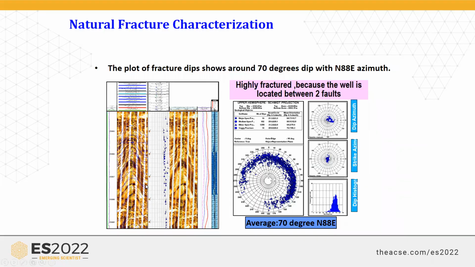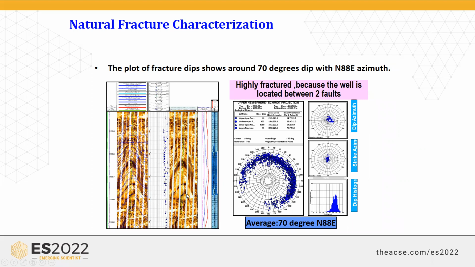And about the fracture analysis, fracture characterization, here you can see the reservoir is very heavily fractured, and you can see the major fractures, the big fractures here, and the fractures are mostly connected.